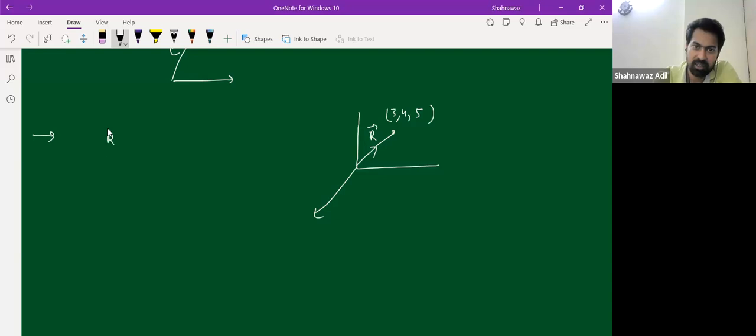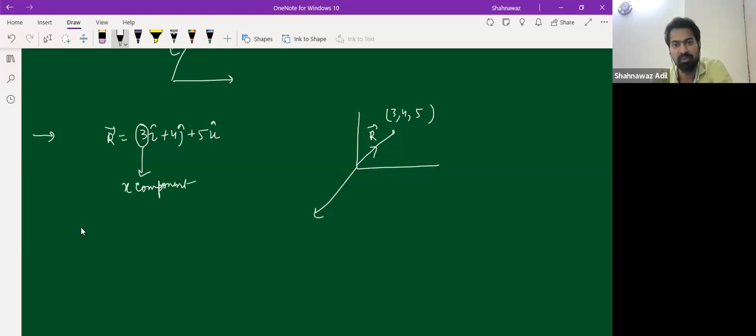So I can write R as 3i plus 4j plus 5k. This represents the x component, this represents the y component, and this is the z component. I omitted x, y, z because that would make it confusing.